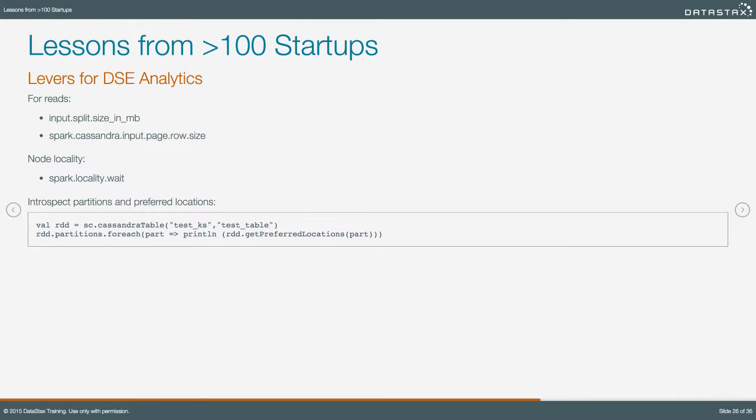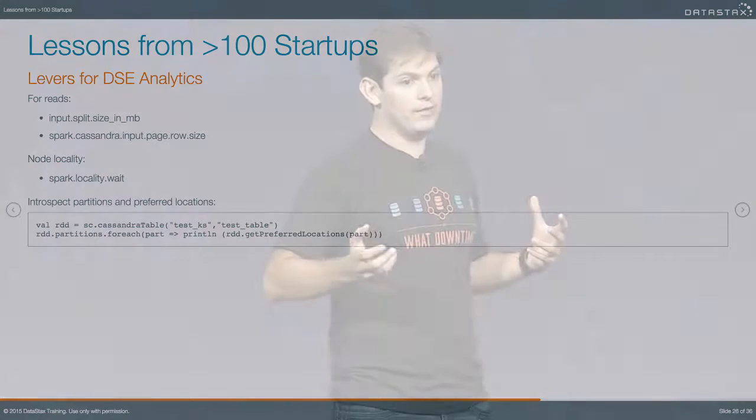And so there's a tunable called Spark locality wait, which is how long Spark will wait until an executor on the local node where you need the data becomes available, because it may be doing another job. So that's a tunable there. And if you want to take a look at exactly what nodes are relevant for the partitions, this code snippet will give you the preferred locations, so the nodes that have the data that you care about for a particular RDD.